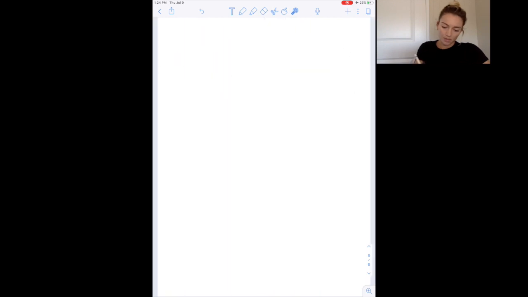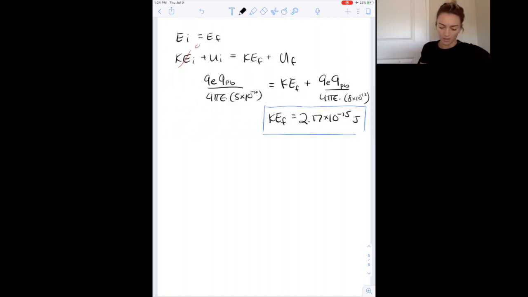The other thing to remember that I've also gotten a lot of questions about is that kinetic energy is a scalar, right? Kinetic energy is a scalar because this velocity here is just the speed, the magnitude of the velocity. If you have multiple particles, the reason I only included the electron's kinetic energy here is that they told us the lead nucleus was at rest.